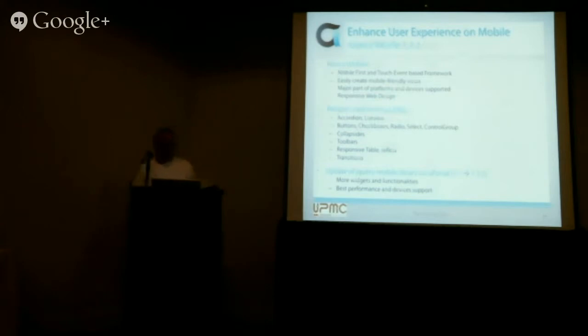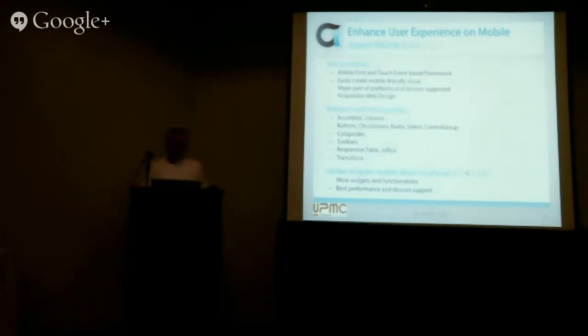To enhance the user experience on mobile, we work a lot with jQuery Mobile. jQuery Mobile is a mobile-first and touch-based framework. We can easily create mobile-friendly views, and the major part of the platforms and devices are supported. And some components are responsive web design compatible.